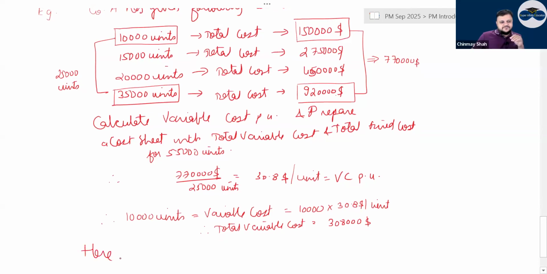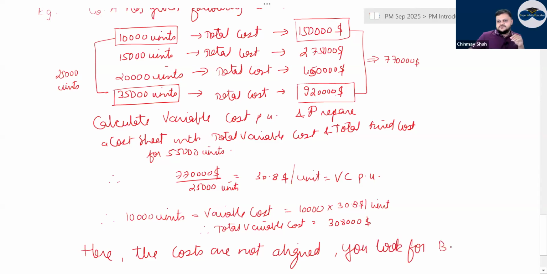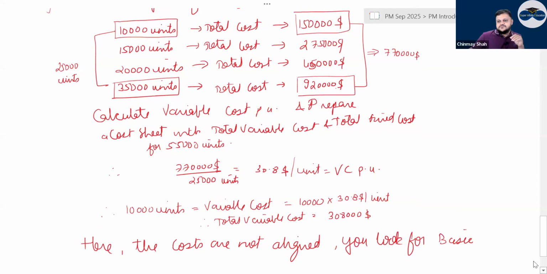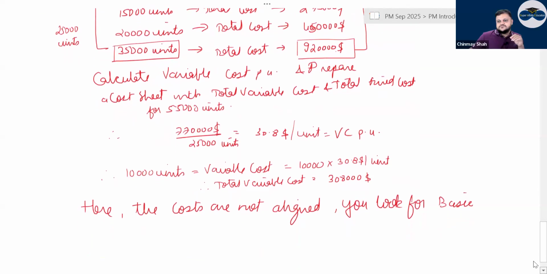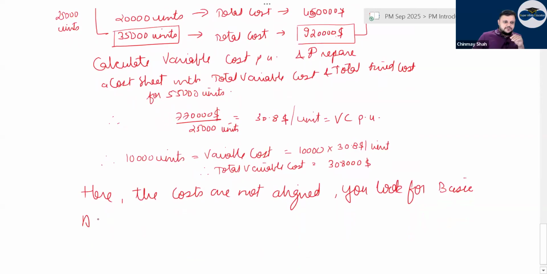Here the costs are not aligned. Right? Comma, you look for basic assumptions for costs to be aligned.